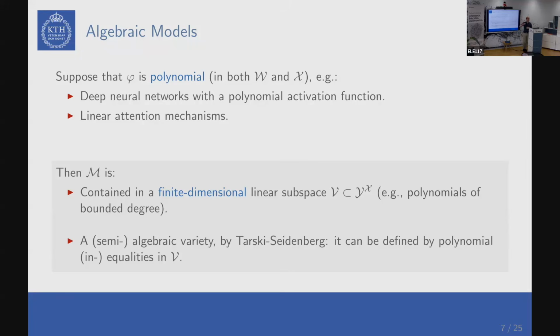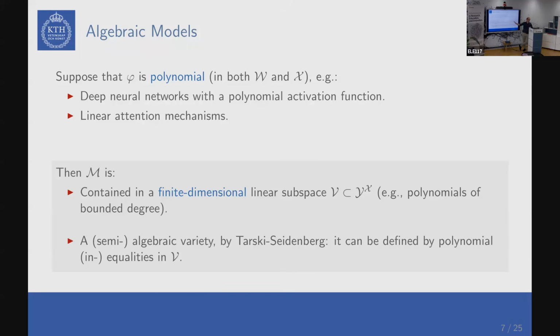However, for algebraic models, you can actually take the ambient space as being finite dimensional. If your model is a polynomial, then all your functions are contained in, for example, the space of all polynomials of a bounded degree. And that's a finite dimensional linear space. So neuromanifolds of algebraic models actually live in a finite dimensional ambient space.